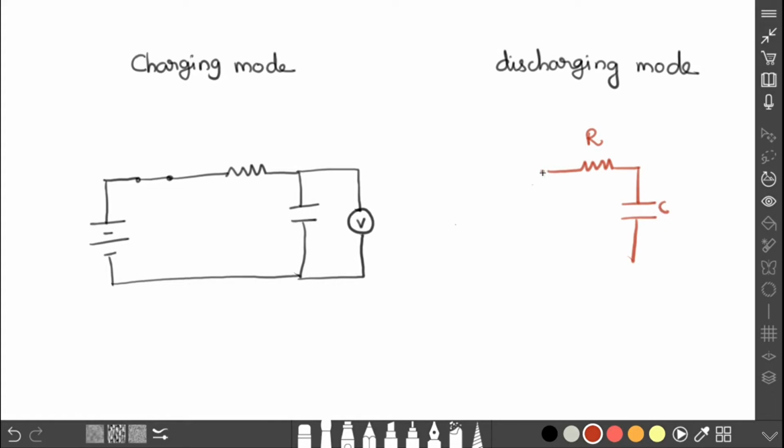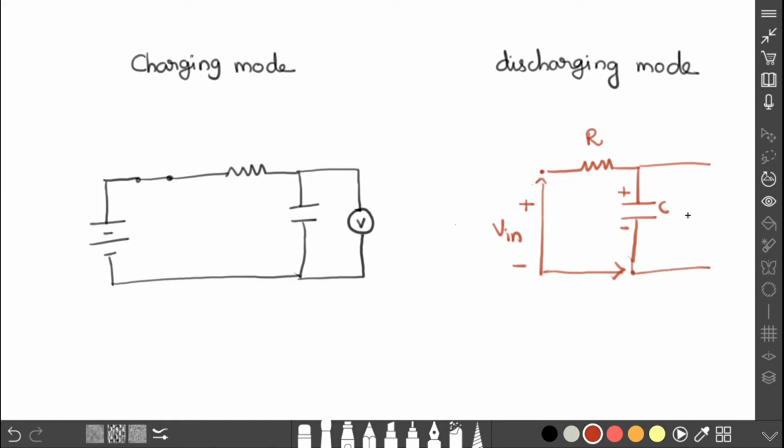So now how can we give the input? V input: the positive end is connected to R and the negative end is connected to C. So here also the symbol is positive, negative. This is input, and then output we have to take. Output should always be parallel to C. So here I am going to take the output.